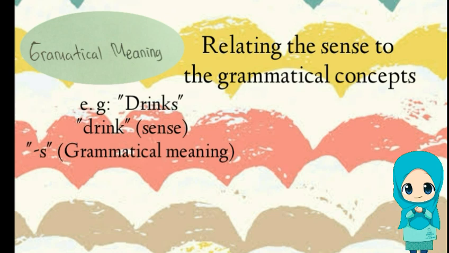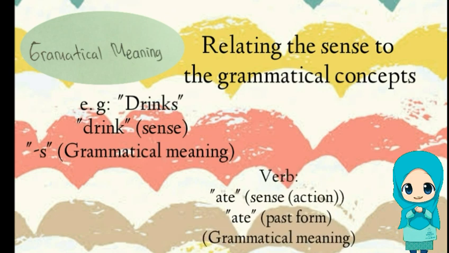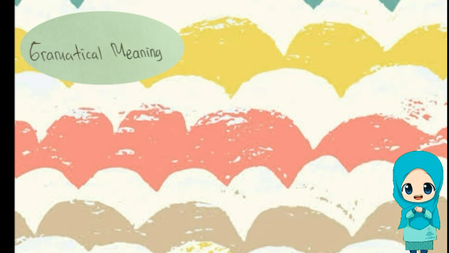It not only happens in nouns, but can also happen in verbs. For example, the verb eat has sense and grammatical meaning. The sense is the action of eat, and the grammatical meaning is the past form of eat.